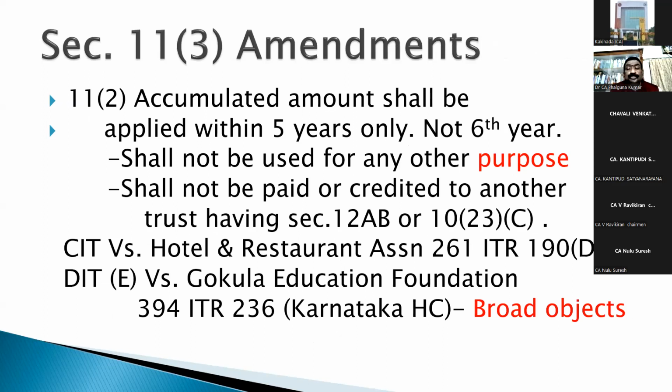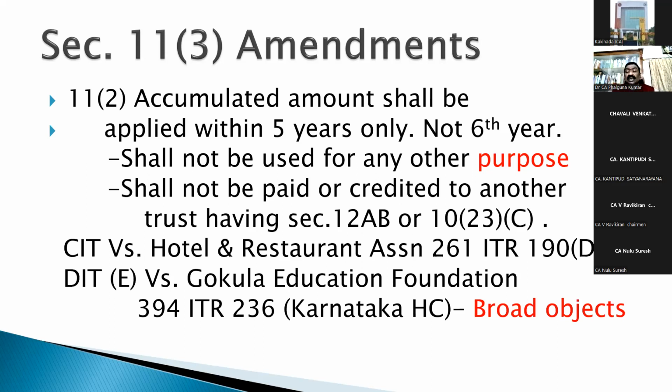Then, as I have told you, under 11(2) you can claim only for 5 years. The 6th year, which earlier was there because of decisions, is not there. And even if you by chance give broad objects, it is permissible. There are decisions, but I don't want you to give a narrow purpose, and I don't want you to give a broad object. Give the purpose.